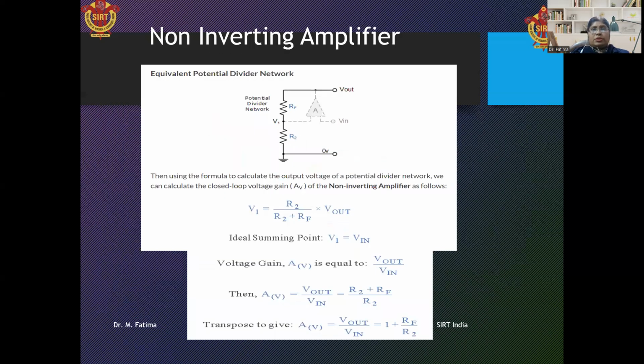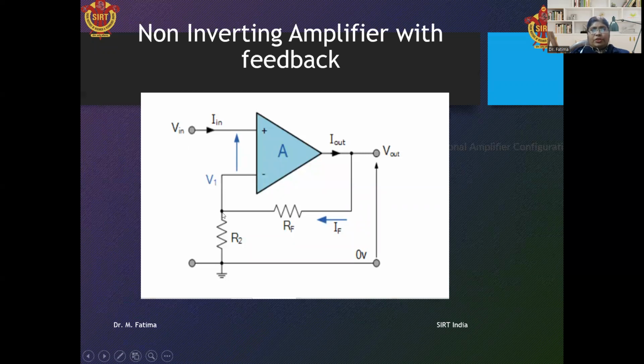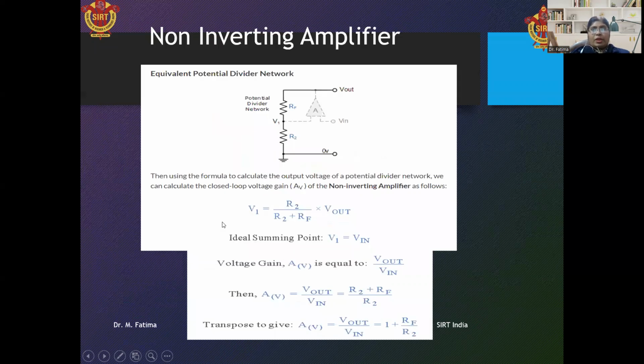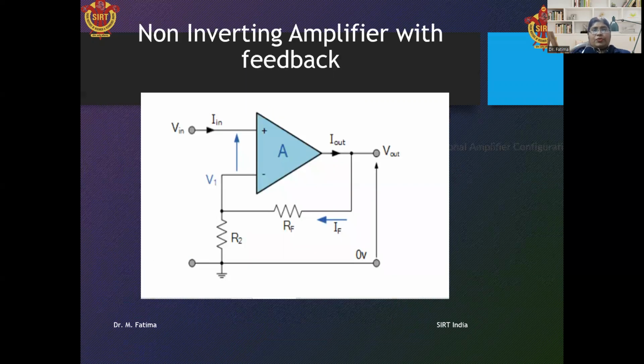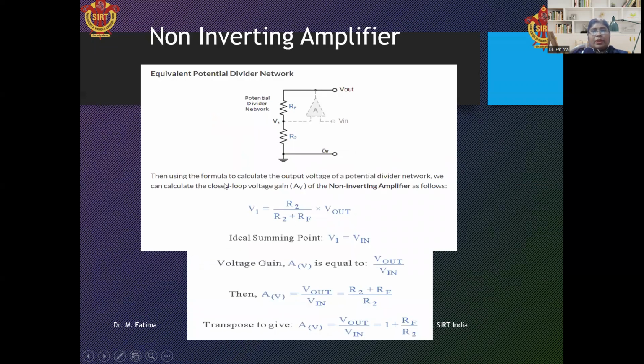See here, at this point the voltage is available. This is V2, the voltage drop across this. Here this is taken as V1. This voltage V1 is taken here. Now this voltage V1 is equal to Vout multiplied by R2 upon R2 plus RF because of this potential divider network.